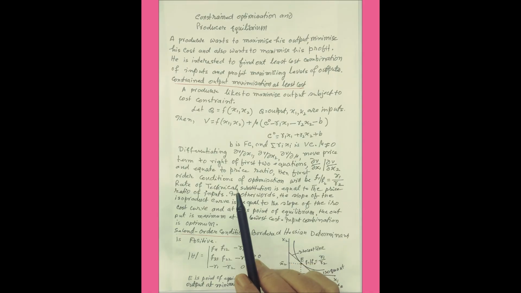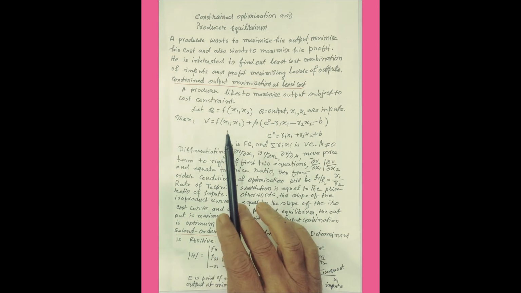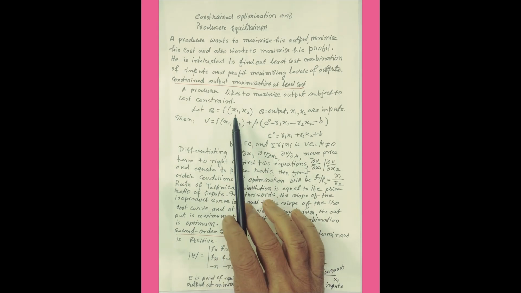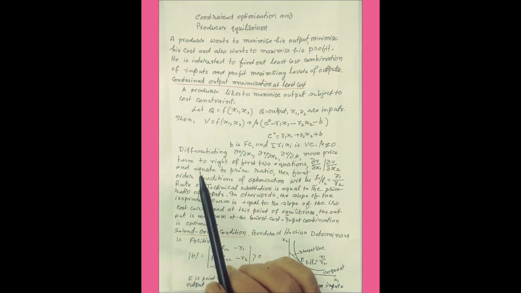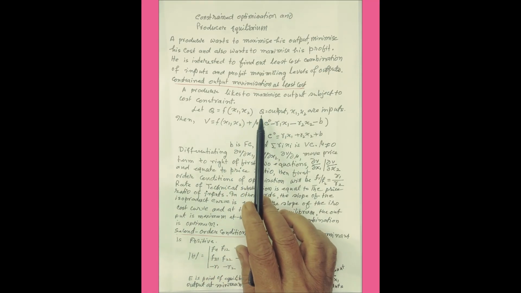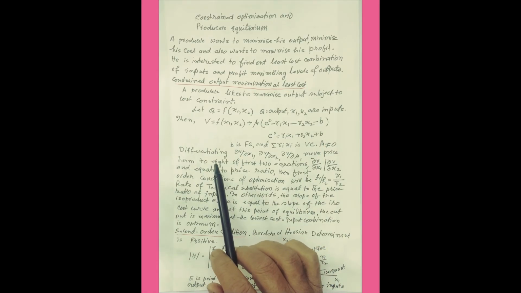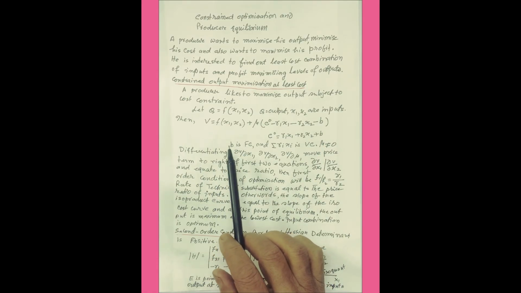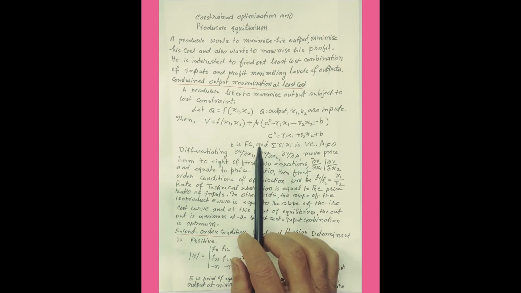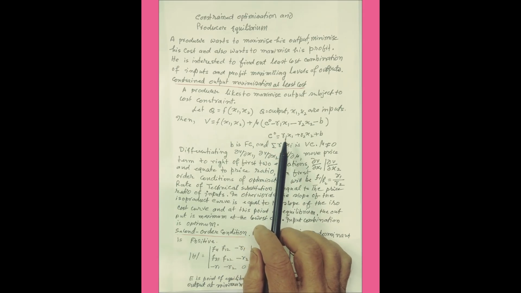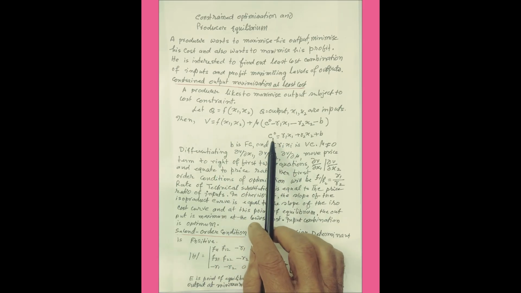So let his output function, or production function, be the function of two inputs x1 and x2. So Q is output, x1 and x2 are inputs, and the constraint is an equality constraint, the cost function.